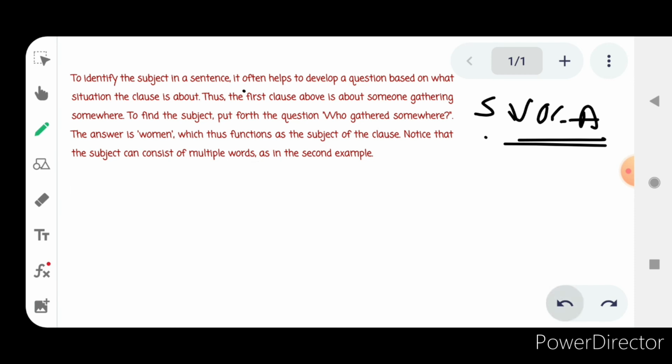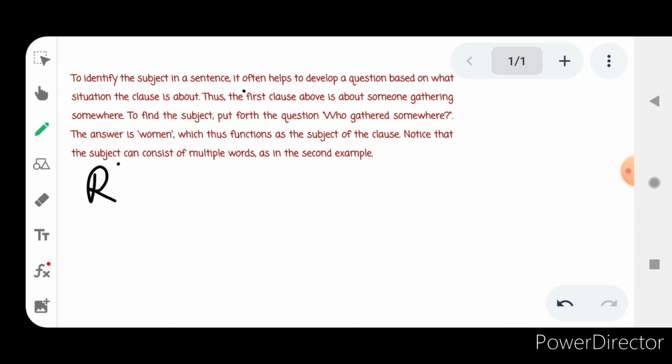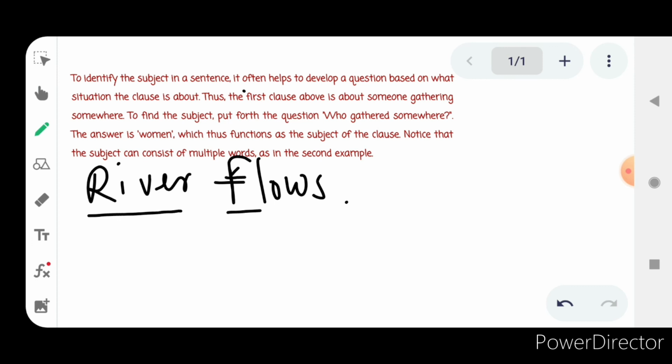Many words, such as: River flows. Okay, this is a sentence, and in this sentence, this is the noun, this is the verb.